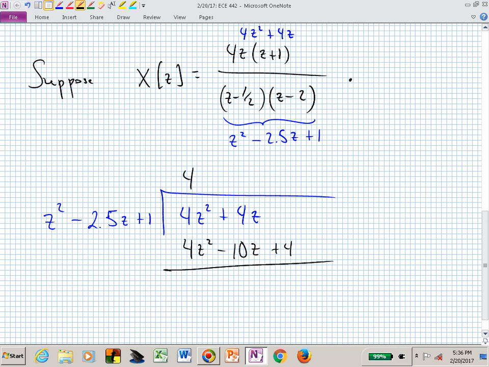If I subtract that from the numerator I started with, I end up with no more z squared terms, good. I now subtract a minus 10z from 4z, or I'm adding 10z to 4z, and I end up with 14z minus 4. And now I want to find, what do I need to multiply by z squared to end up with 14z?